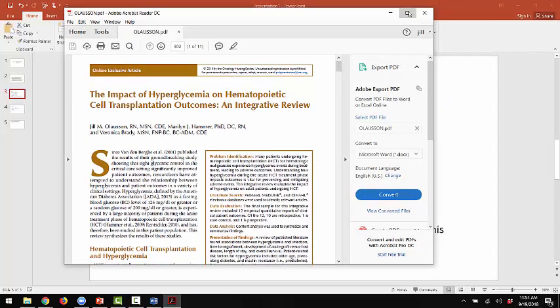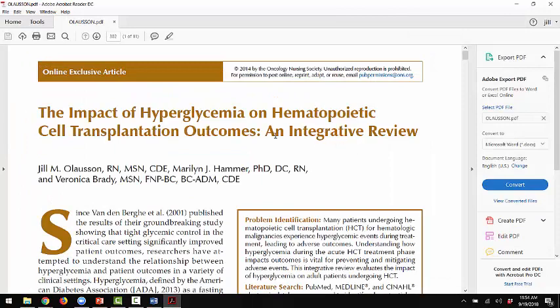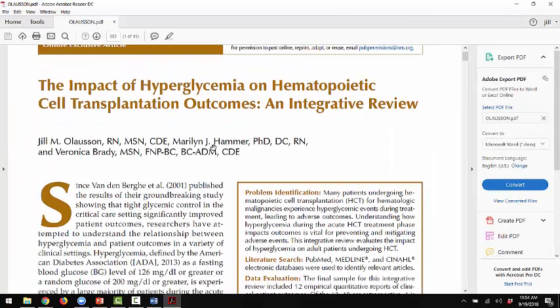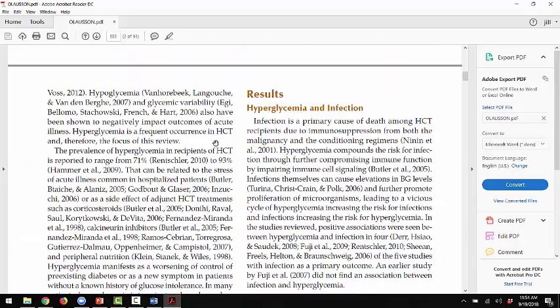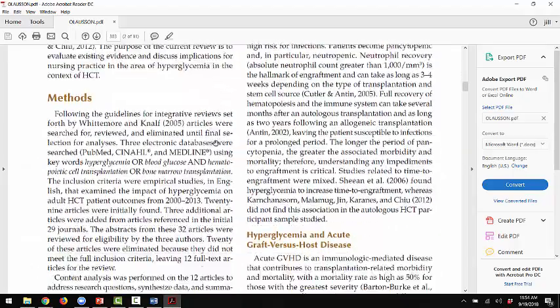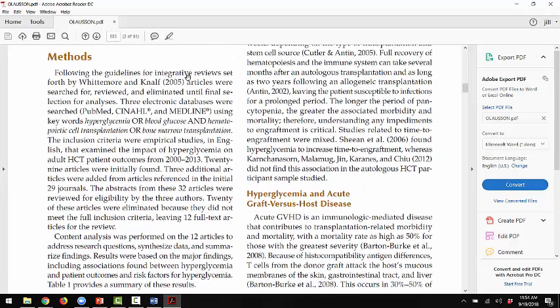So I think I just look at what the review, an integrative review that I did. And if you go down, here's the background significance, and here's the methods. So it says following the guidelines for integrative reviews by Whitmore and Naff. So that kind of says, I did it this specific way, and it's giving you the reference. So you can go and look there.